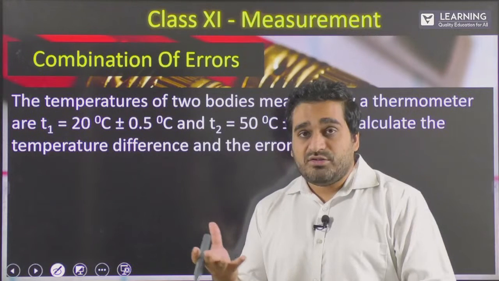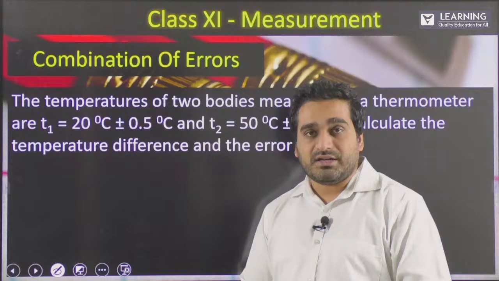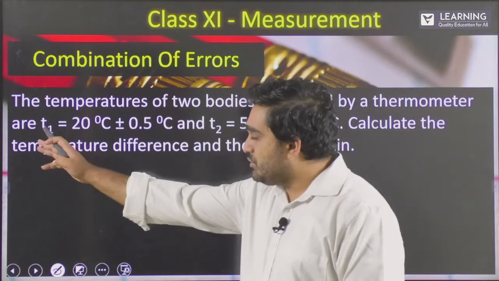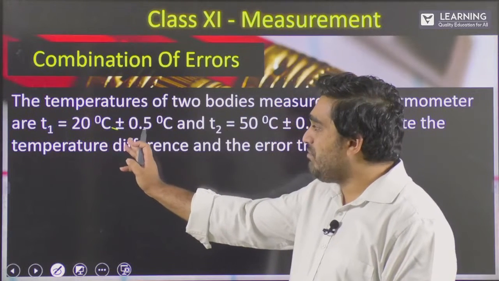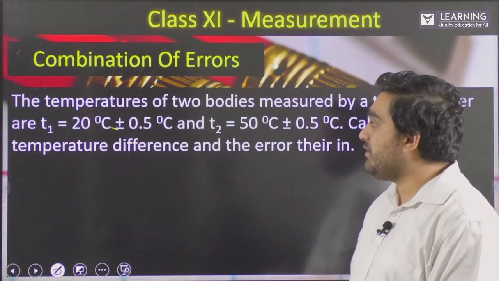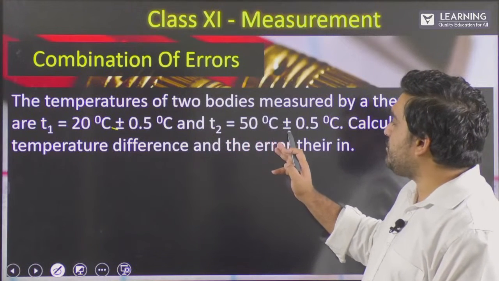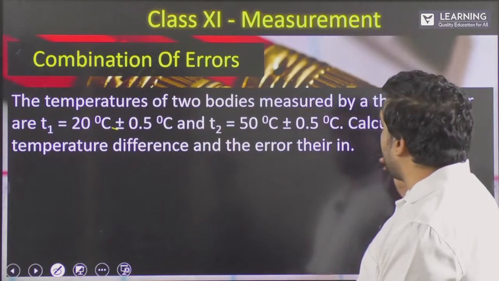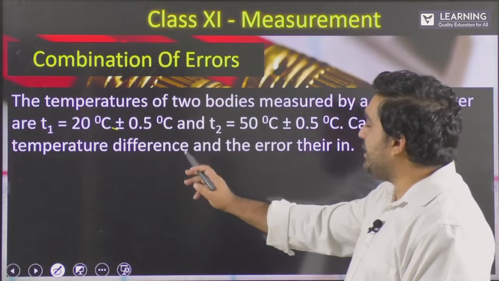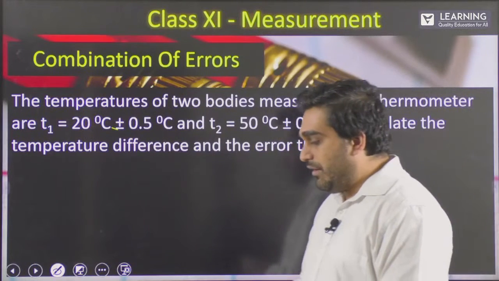So that resolution obviously will induce certain errors. So here the error, as you see for temperature T1, is 20 degrees Celsius plus or minus 0.5 degrees Celsius, and T2 is 50 degrees Celsius plus or minus 0.5 degrees Celsius. Calculate the temperature difference and the error therein.